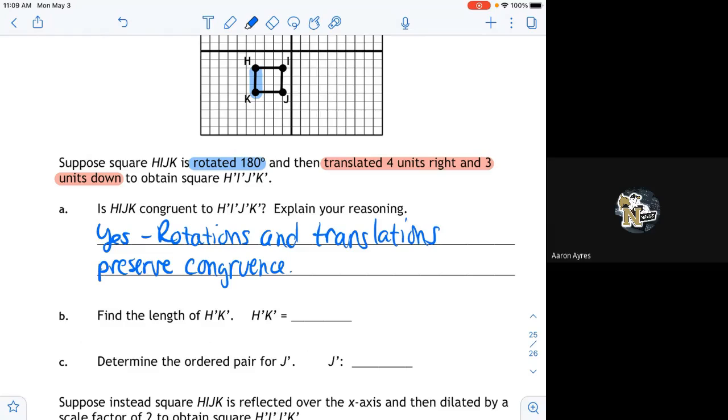Discount squares. So if HK is 3 units long, how long is H prime K prime going to be? Or actually, do better yet, show me on your hand. Say the number 1, 2, 3. 3 units, perfect. Everybody okay with that? Okay, awesome.